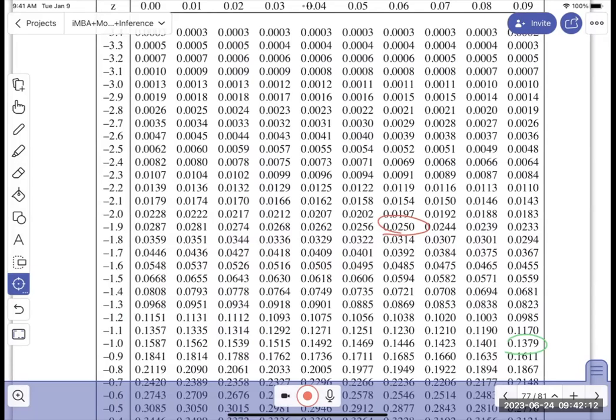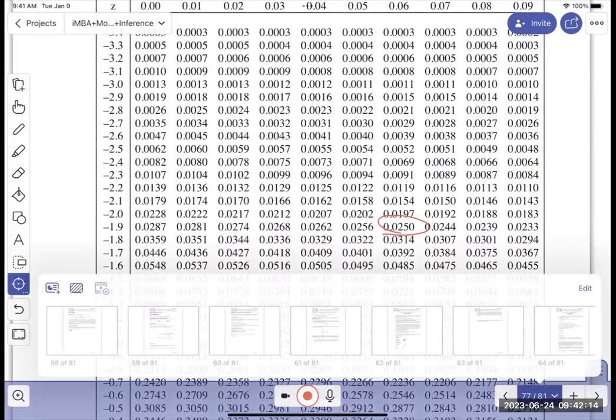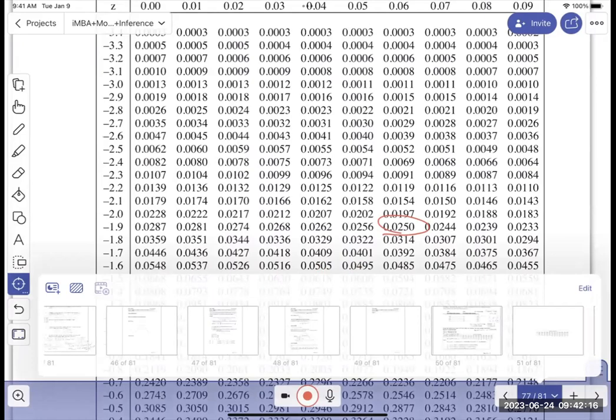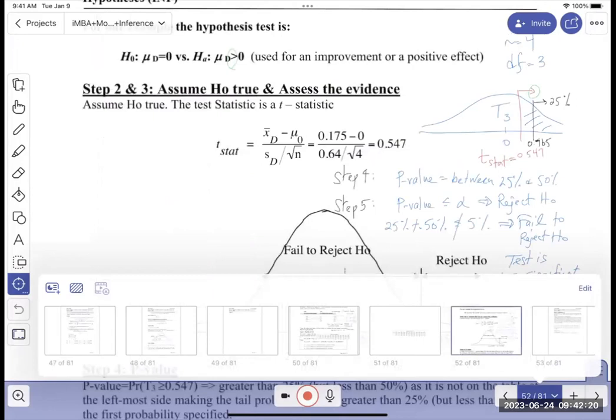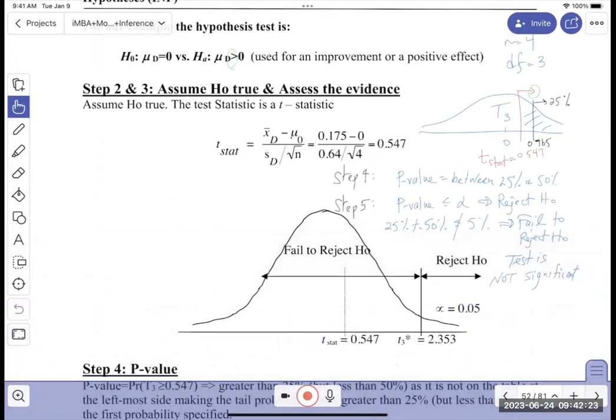So just to make a note about that. If you were doing a Z test, this would have been much further out, right? To get 5%.